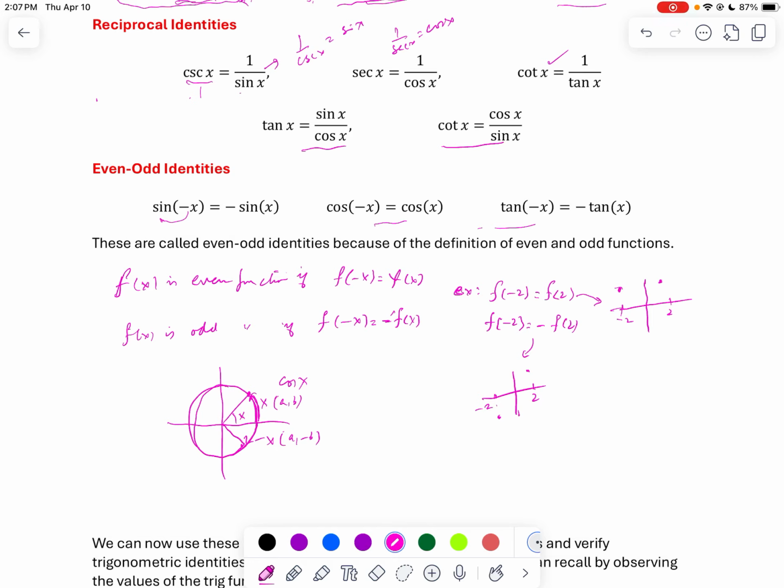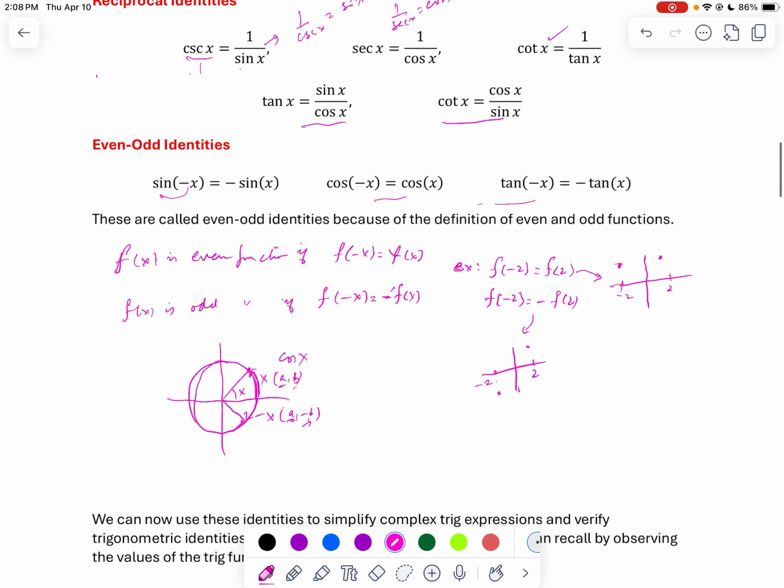So on the unit circle the point is (a, b), which means cosine will be the first coordinate, the x coordinate. So cosine of x is a and cosine of negative x is also a, but sine of x is b and sine of negative x is negative b. So that's how you can think of it.